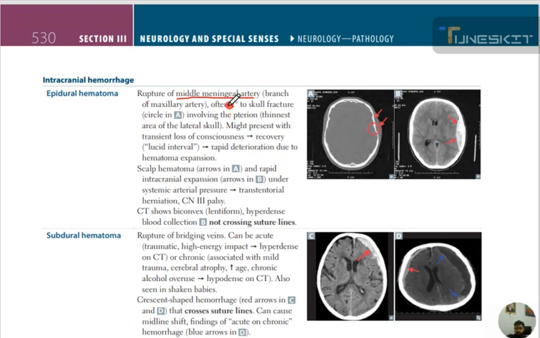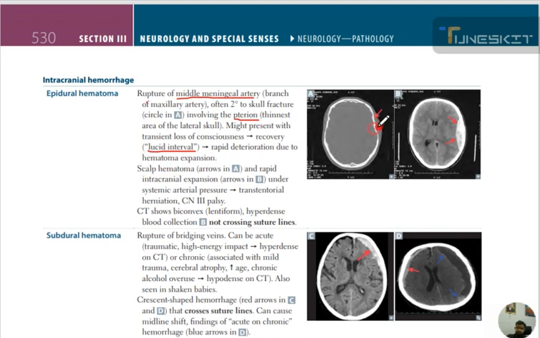It is secondary to the skull fracture and involving the pterion, the thinnest part of the lateral skull, which has the middle meningeal artery underlying, and might present with transient loss of consciousness, recovery, lucid interval, rapid deterioration due to hematoma expansion, scalp hematoma.